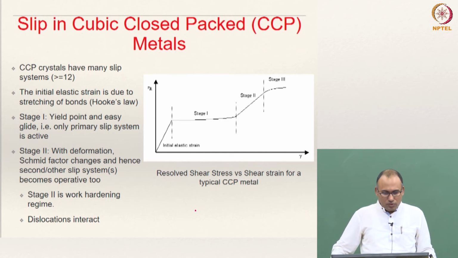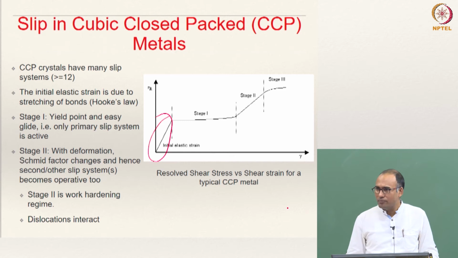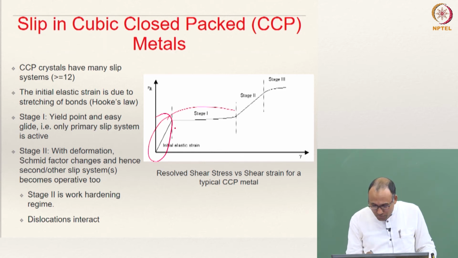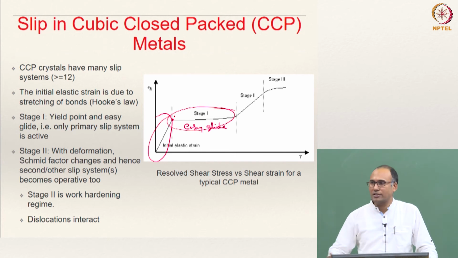All right. So the initial elastic strain, as I mentioned, is due to stretching of bonds, and it is described by Hooke's law that we are all familiar with. And stage 1 is also called easy glide. And this point is what we call the yield point. What is happening?